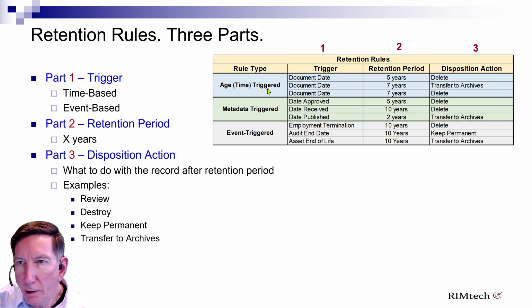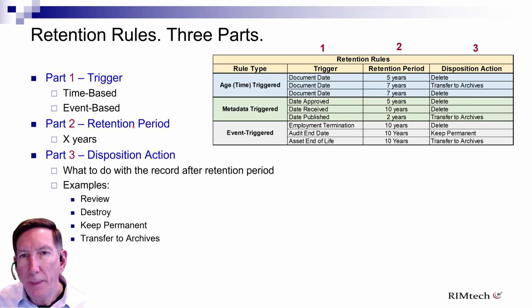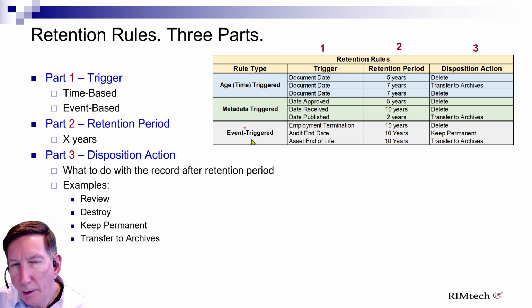But by and large, it's age, which is time trigger, or event. So an age trigger would say, when this document is 5 years old, it's out of here. An event trigger would say 5 years after this adventure, such as a union grievance or an investigation or an audit is over, then wait 10 more years and then delete it or transfer it to archives, whatever. But those are the two trigger types, okay?